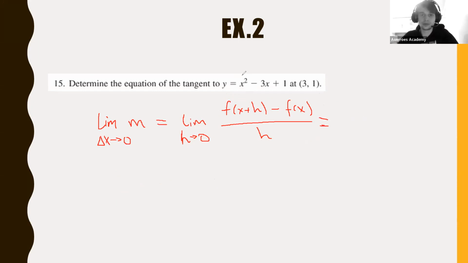So, Yusuf, what would be f of x plus h in this case? F of x when x equals 3 would equal 1. And what about f of x plus h?